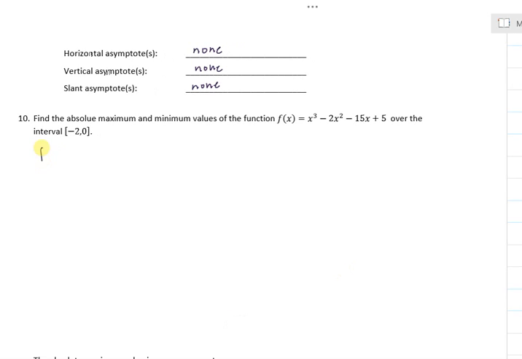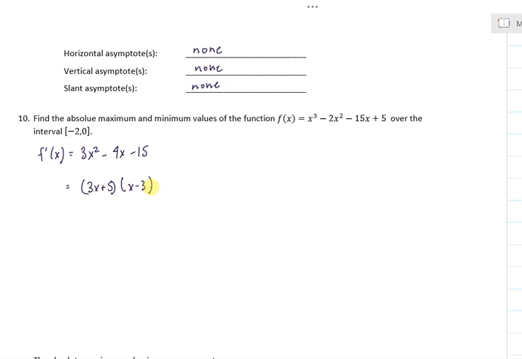We've got f prime of x equals 3x squared minus 4x minus 15. This factors into 3x plus 5 times x minus 3.